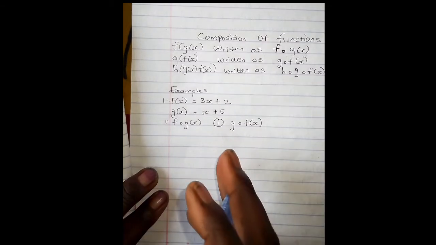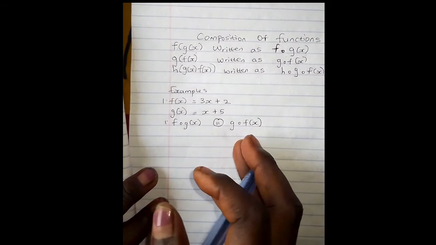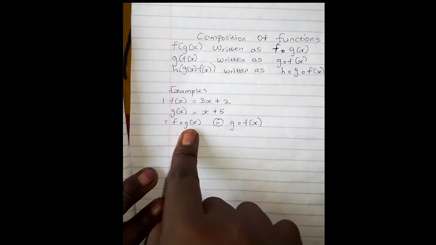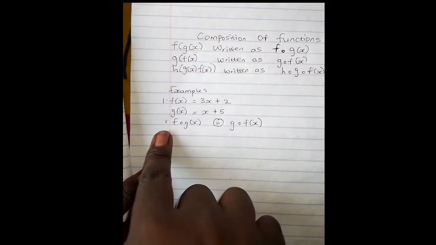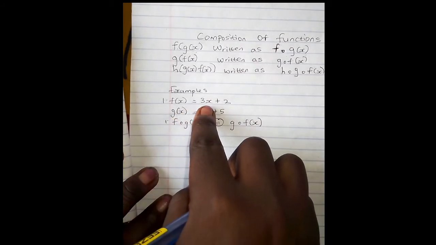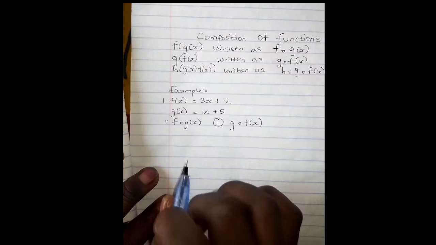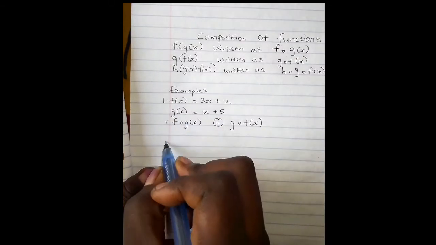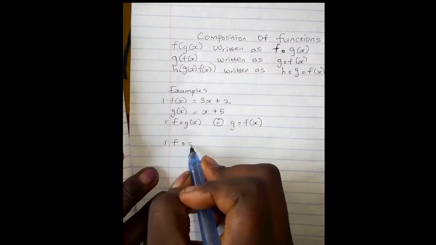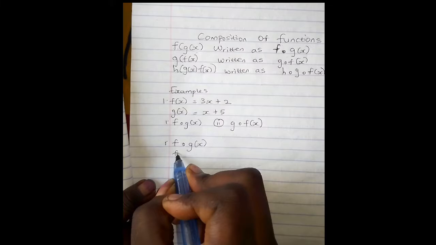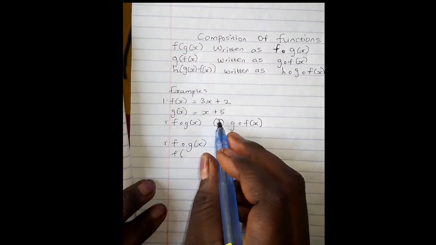Now, how do we start? Remember, this means we substitute g of x into the function f. Solving for f of g of x simply means f is into g of x, which is x plus 5.